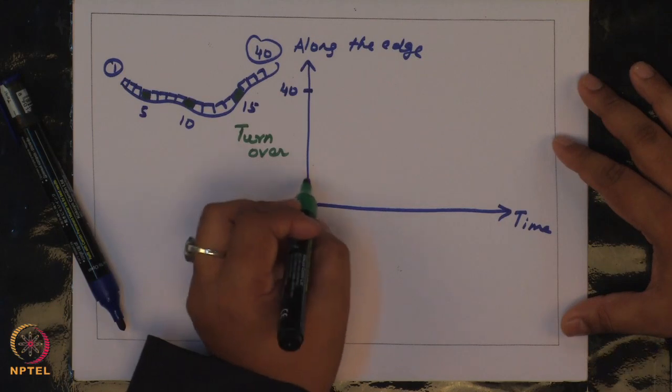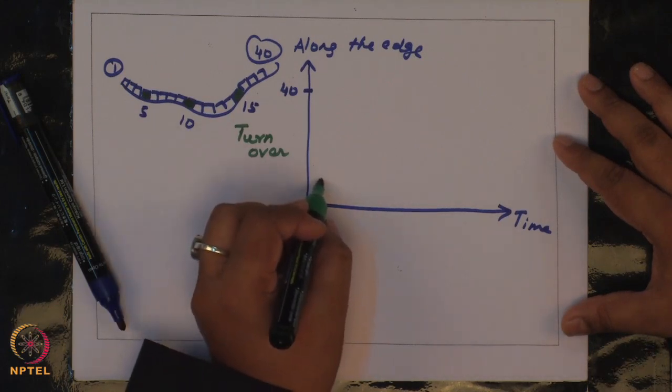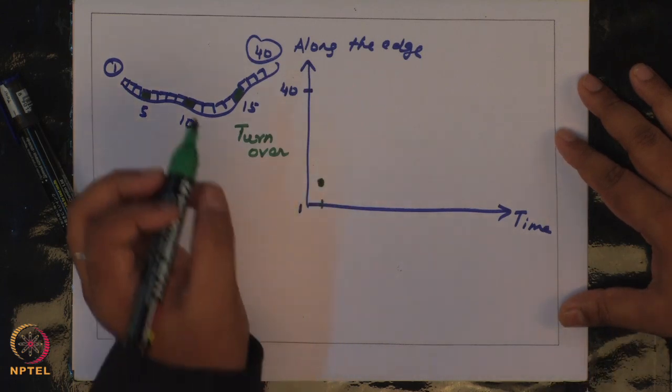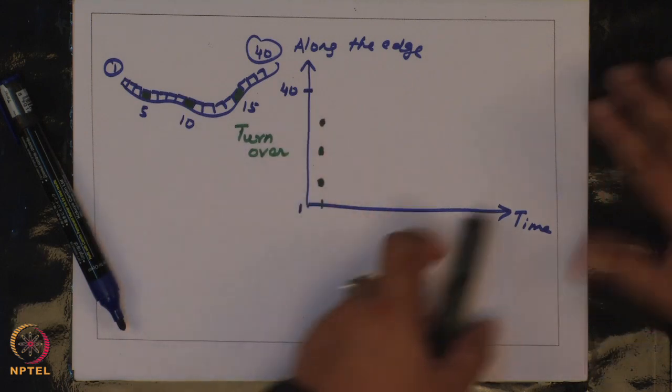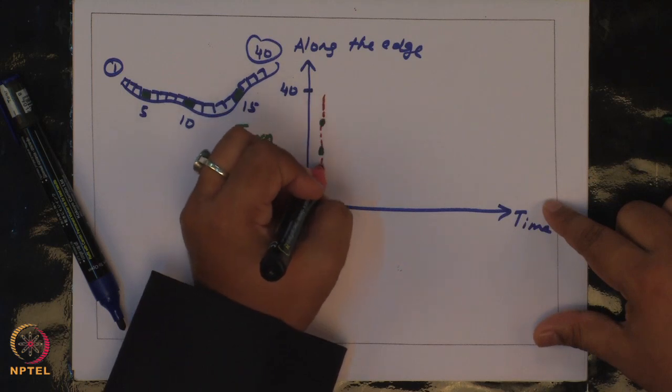So, at position 5 at this particular time t, you would have a green signal indicative of polymerization, at position 10 also a green signal and position 15 green signal, and at all other points you will have red signal.